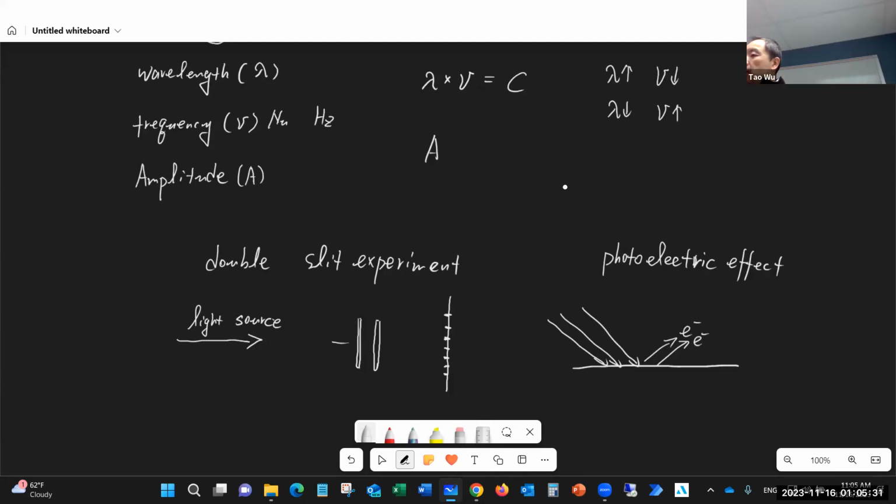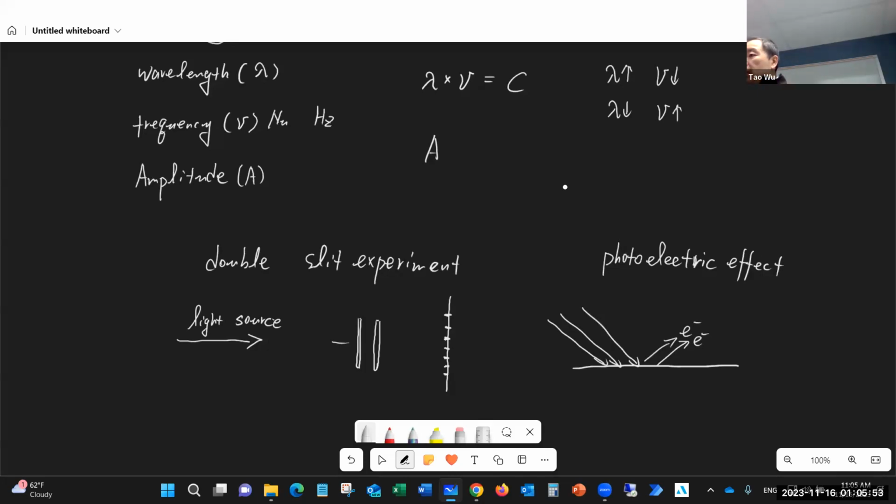This kind of property is just like the impact of a heavy matter object shooting on the surface of something, and then something ejects out. Generally, this is a property of a particle, not a property of a wave. A wave cannot do this.